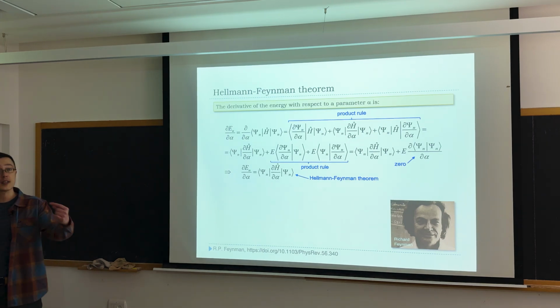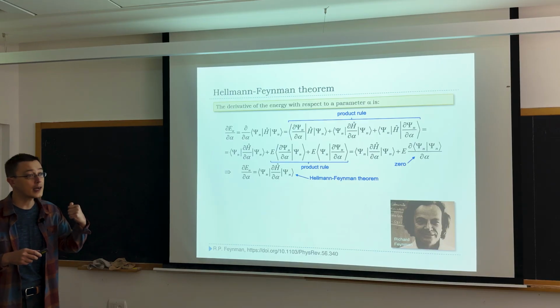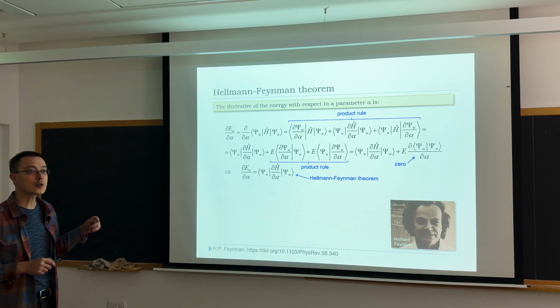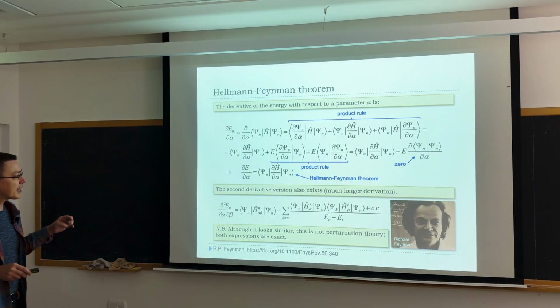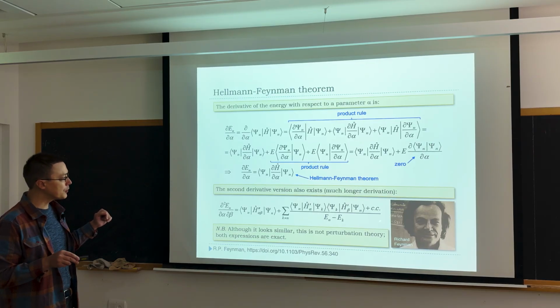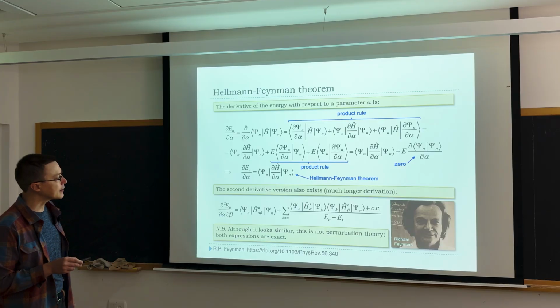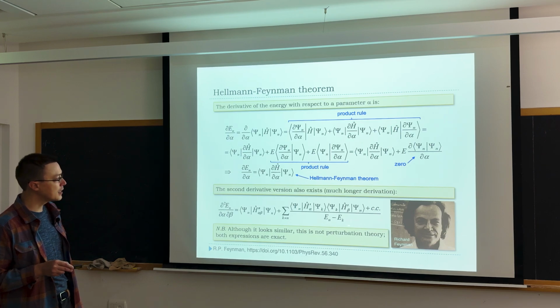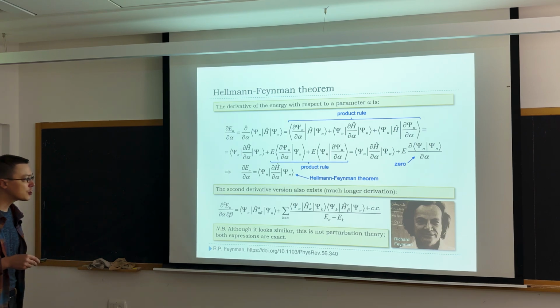Remember, we needed second derivatives in the previous slide. I will not drag you through a very nasty derivation for the second derivative, but that is the expression. So the second derivative of the energy with respect to two parameters is the expectation value of the second derivative of the Hamiltonian plus this monster sum over all of the excited states of the expectation values of the first derivatives, and notice here different indices, divided by the excitation energies.